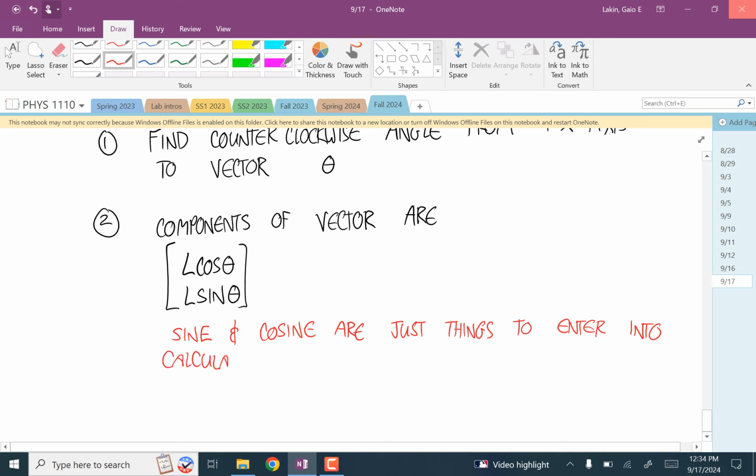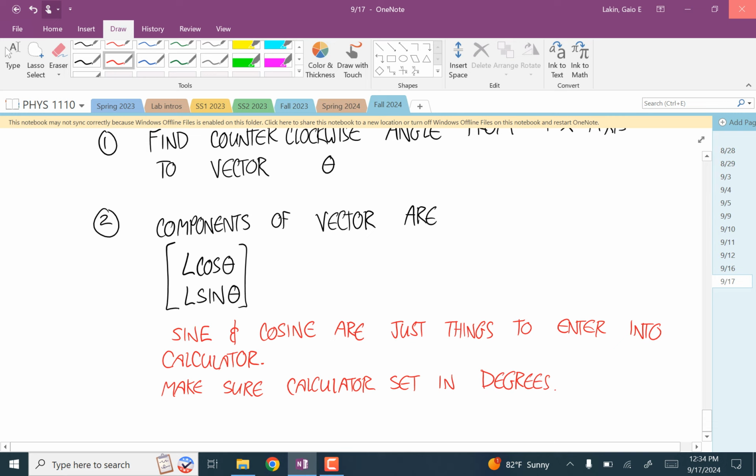One thing is, in this class, we're always going to do our angles in degrees. So make sure your calculator isn't in radians, or things will look really confusing. So make sure your calculator is set in degrees.